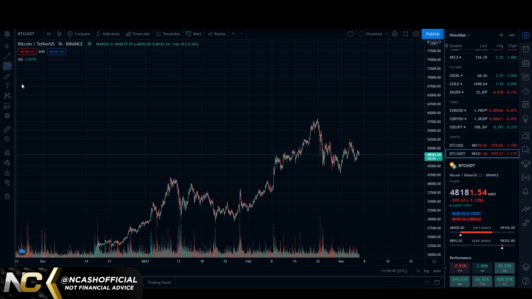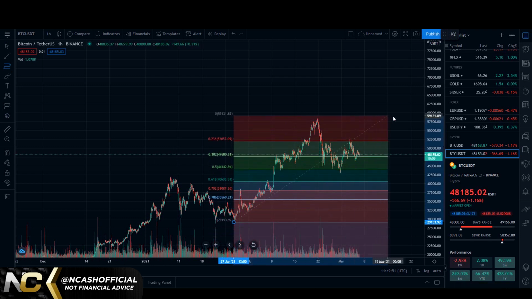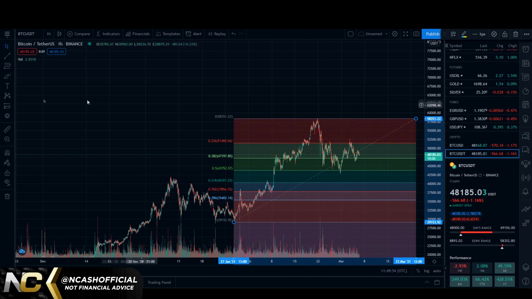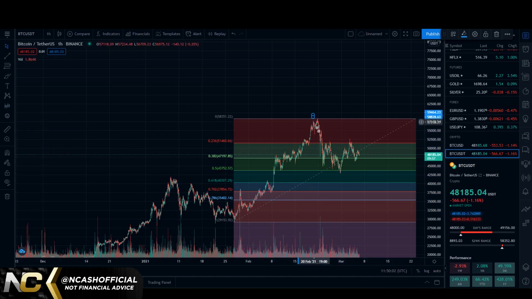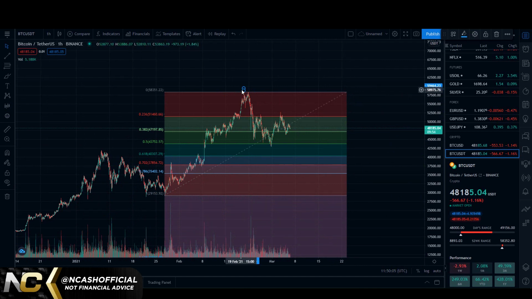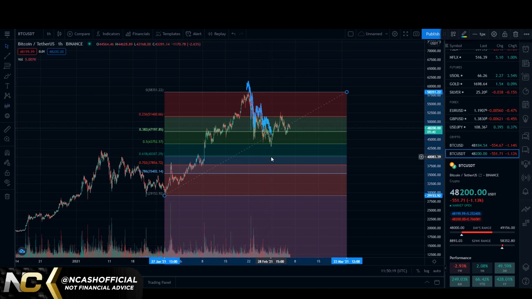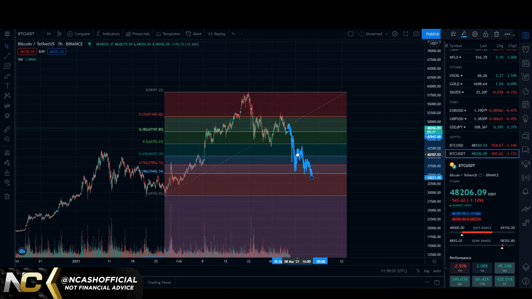To show you guys where that would put us, if we go back to this January 27th low and bring it back up here, and we analyze it from the top to the bottom right here, we could see how this would play out perfectly if we do play into that zigzag ABC down.